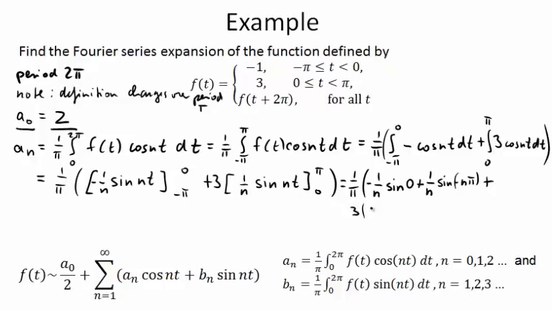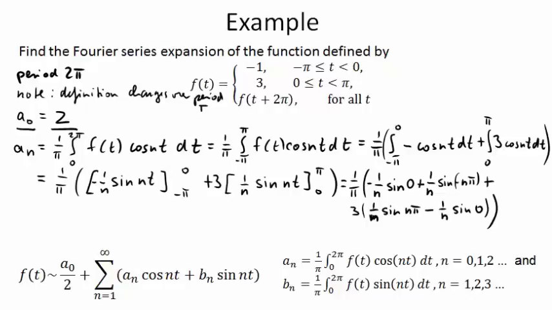Well, let's do this step by step. 1 over n sine n pi, and then minus, well, so if I sub in 0, 1 over n sine 0, and closing all these brackets.